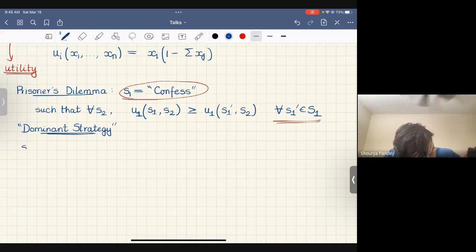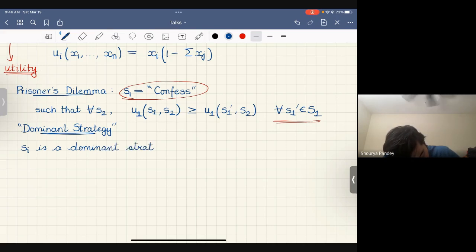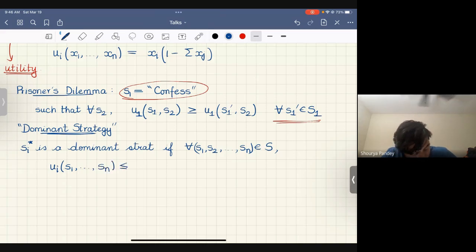We say that Si star is a dominant strategy for player i if, for all S1, S2, up to Sn in S, this tuple, the utility obtained by this strategy is no more than the utility obtained if I replace Si with this Si star, that is, S1, up to Si minus 1, Si star, and so on up to Sn.